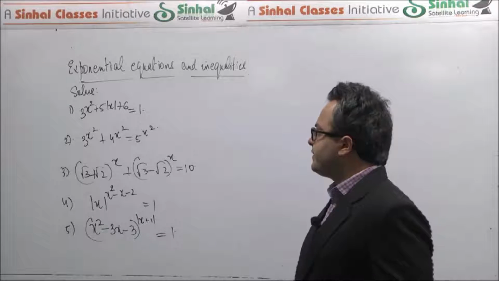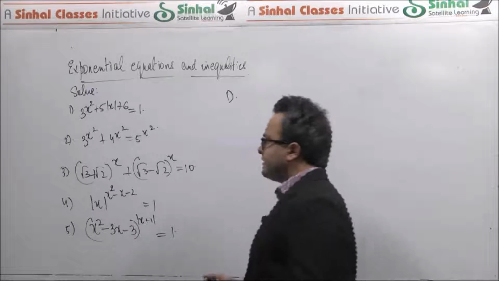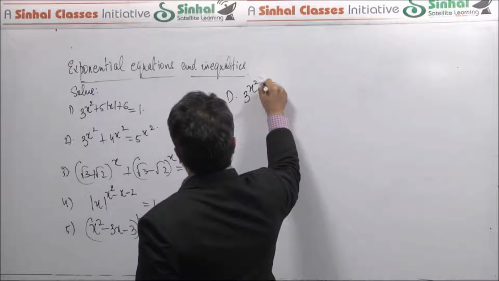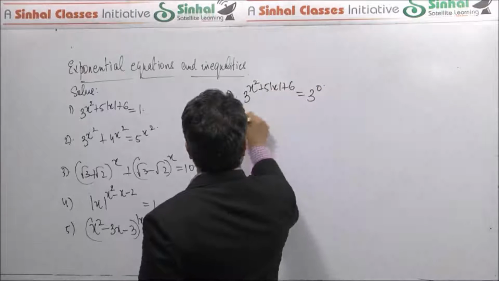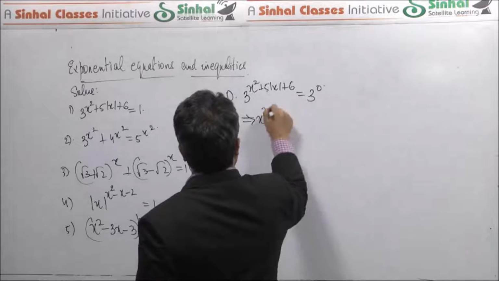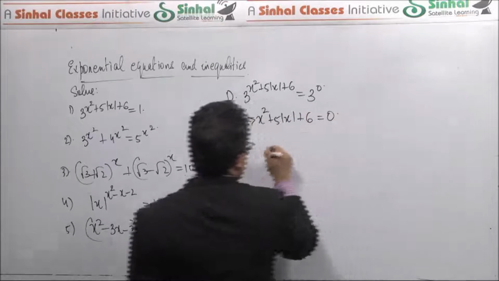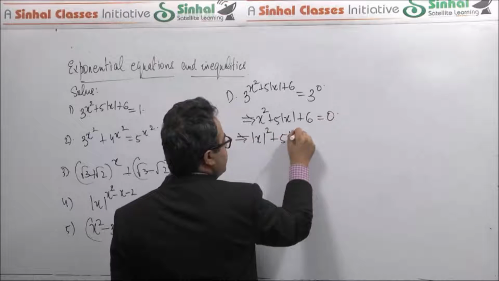So let's look at these questions. For the first one, of course, we can simply say that the 1 on the RHS can be thought of as 3 raised to 0. So since the bases are the same, I can equate the exponents, which again reduces to a quadratic in mod of x.